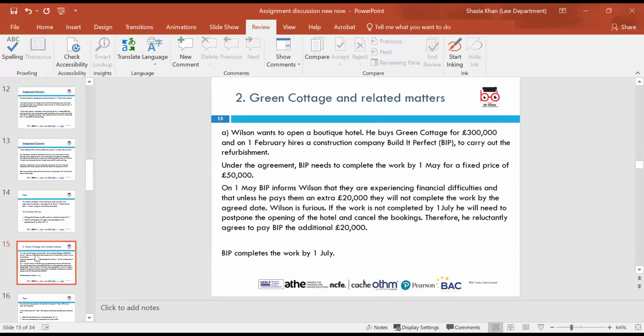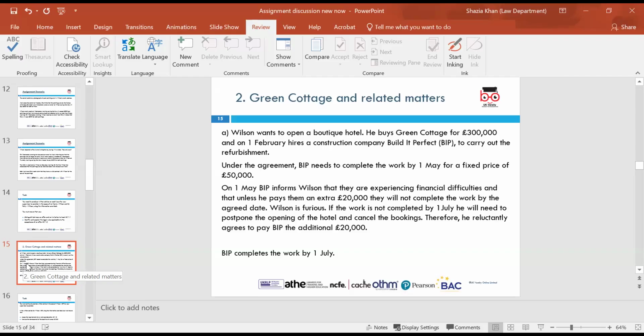Then the second part, which is A, Green Cottage. Wilson wants to open a boutique hotel. He buys Green Cottage for £300,000 and on 1st of February hires a construction company called Build It Perfect, BIP, to carry out refurbishment.